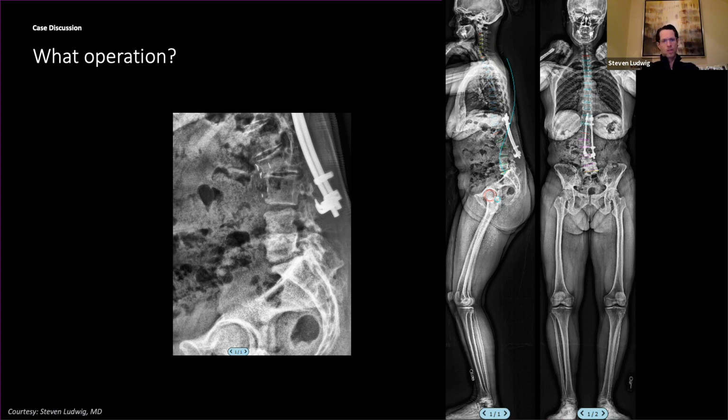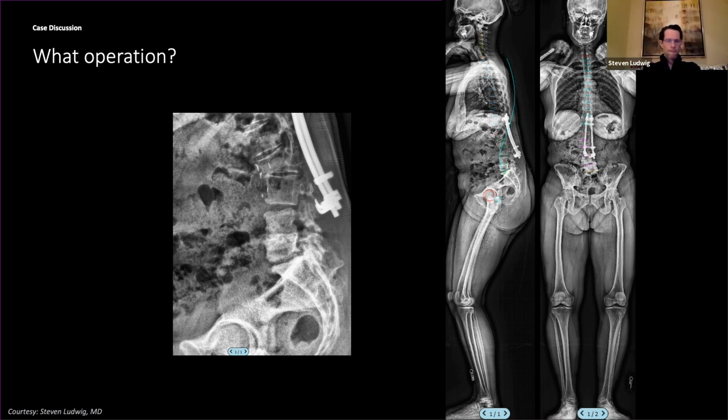So I'm just going to throw this out there. And the first, Shaylin, are you still on, or did you fall off? Yeah, I'm on. What are your thoughts on this woman? Yeah, I think it's interesting that she is able to correct to a degree on the table. So that gives you an indication that there might be a degree of flexibility that you can take advantage of.